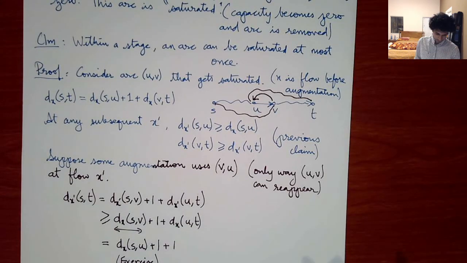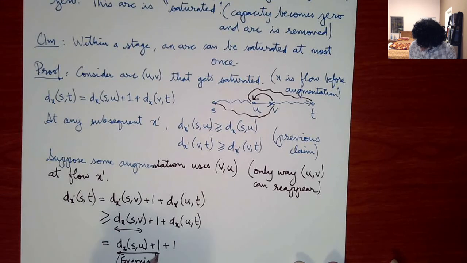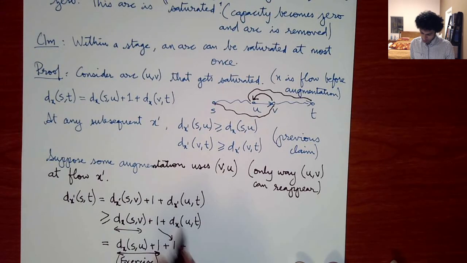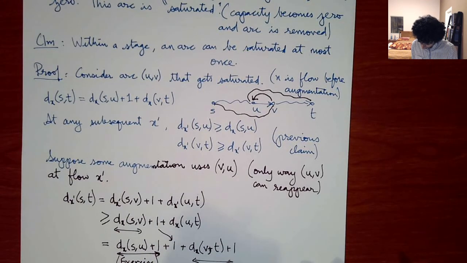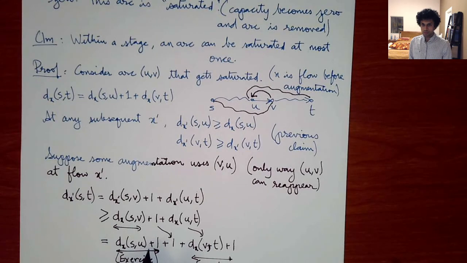Plus 1, so this gets replaced to that. Plus, I can now write dx(v,t) plus 1. Again, that's an exercise. Again, this is just shortest paths. So what I get is dx(s,u) plus 3 plus dx(v,t).